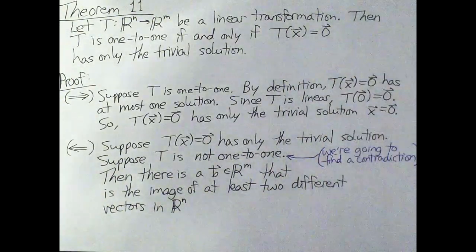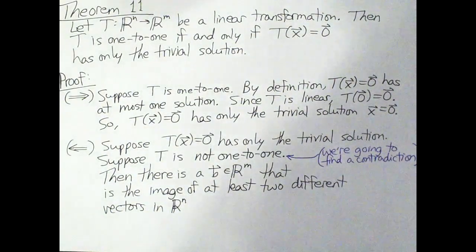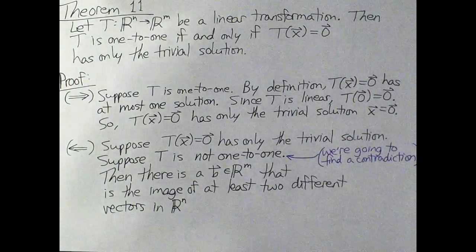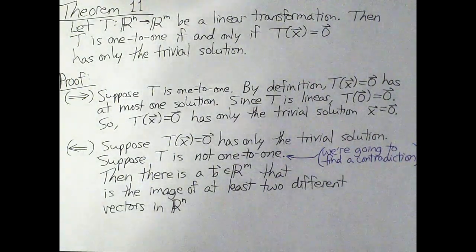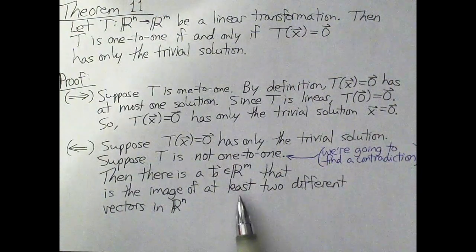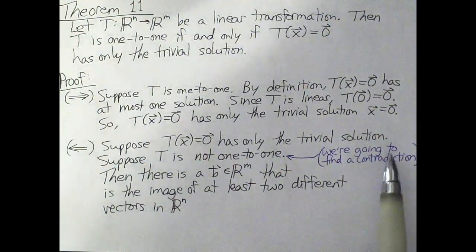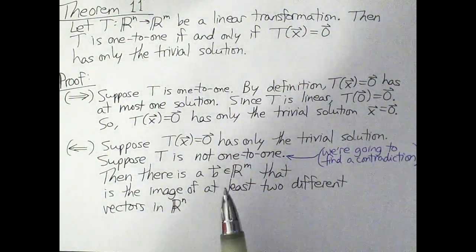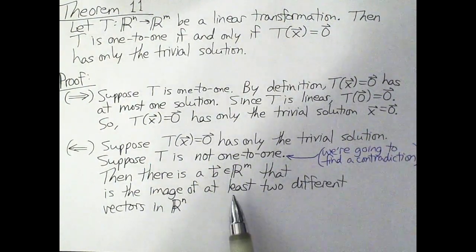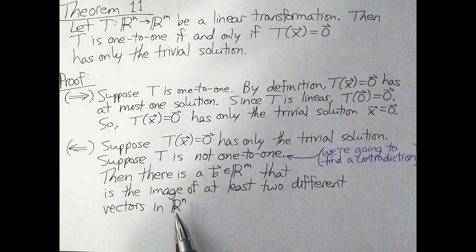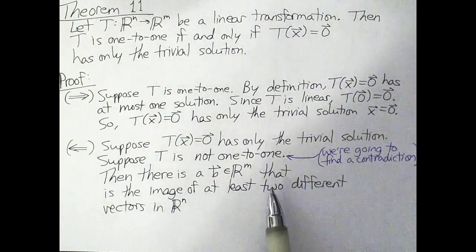So I basically took the negation of the definition of 1 to 1. If it's not 1 to 1, then we can say this for sure. Now, if we're going to aim for a contradiction, there's at least two different vectors in Rn. I think it's going to help us if we give them a name.